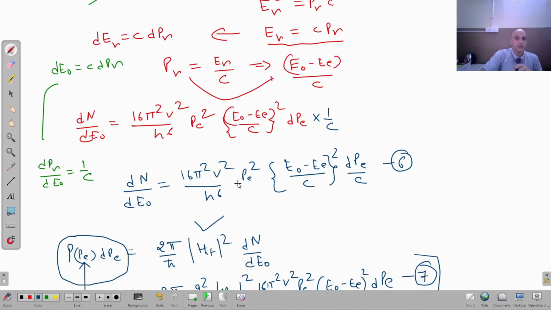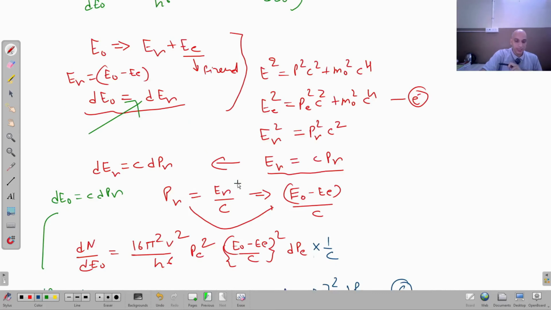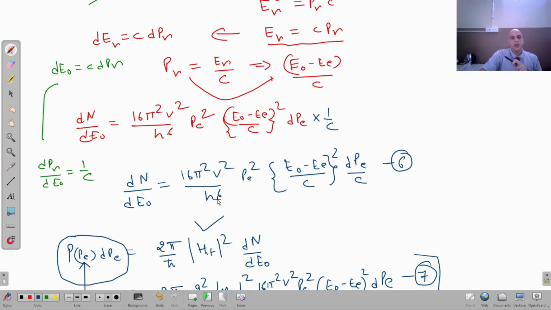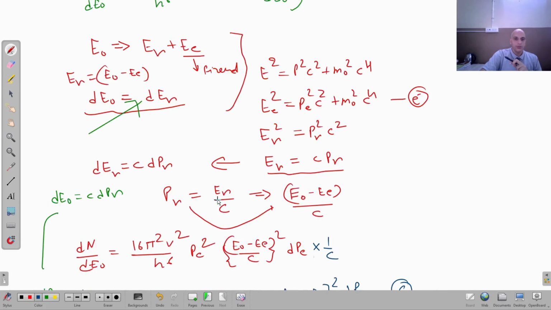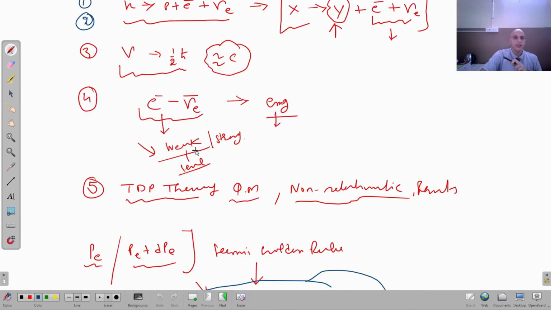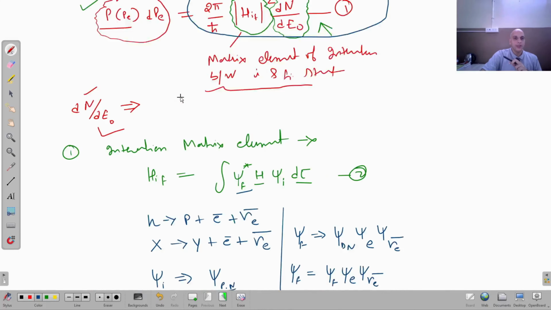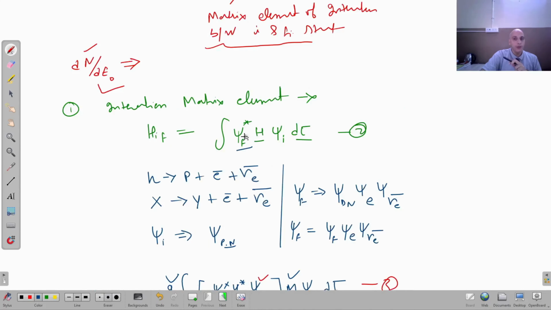This is the result of this Fermi theory of beta decay. We started, going to the previous page, from here with the assumptions of the Fermi theory that were made in the beginning. Then after the assumptions we started from the Fermi golden rule.